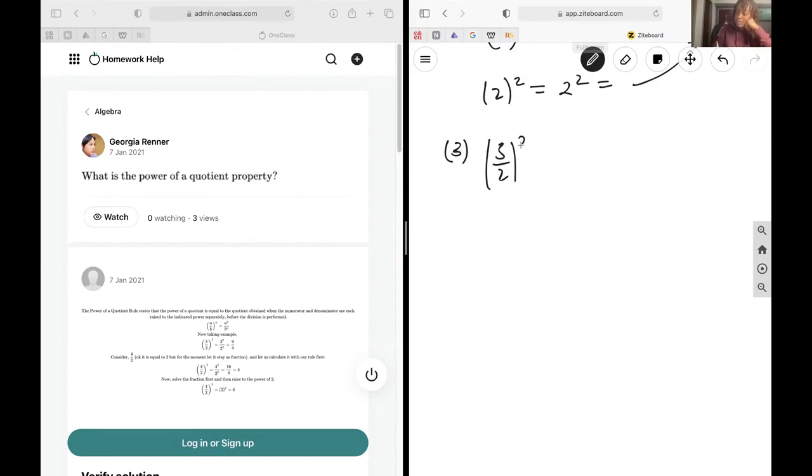Let's try 3 over 2, squared. That is going to give us 3 squared over 2 squared, which gives us 9 over 4, which is the exact same thing as if I had, as I've said here, 3 squared over 2 squared.